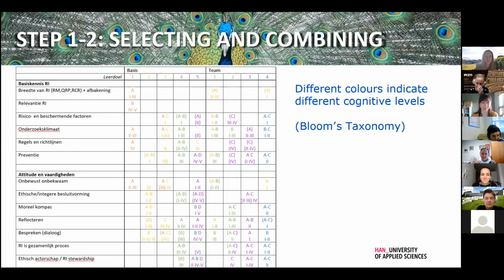So on the left we have the knowledge and some topics that should be part of the knowledge, and the attitude and skills and the topics within that. And then in the columns we have the learning objectives, 1 to 5 for the first part of the training and 1 to 4 for the second part, because when we were prioritizing, we felt there are a lot of things that are all so important, but that should not all fit into one course.